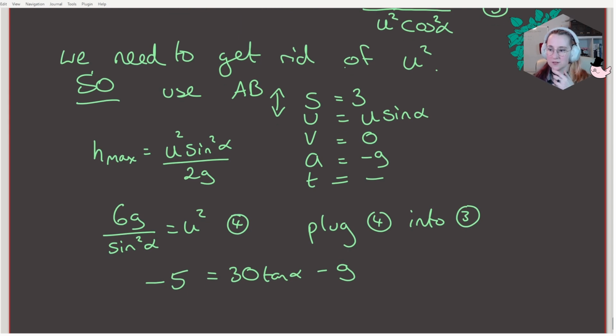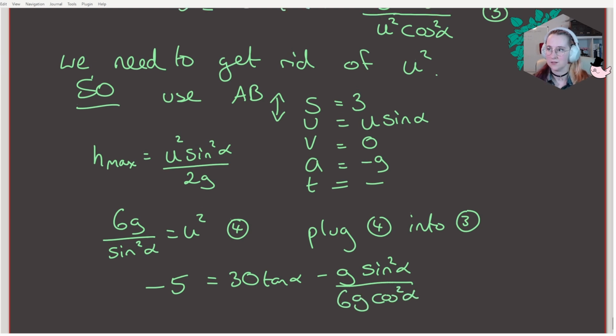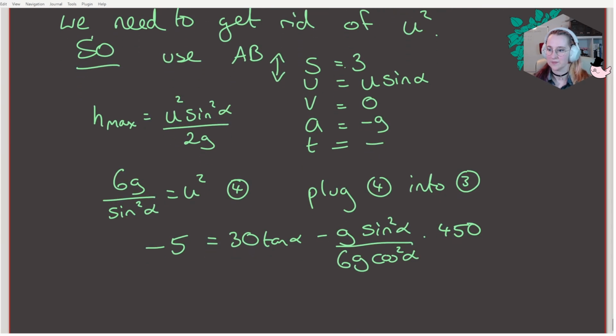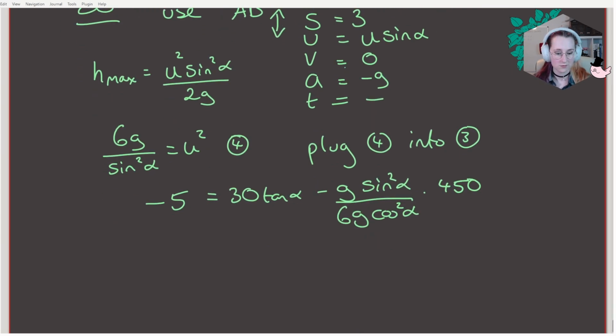So this is over, so we get sine squared alpha over 6g cos squared alpha times 450. So, I believe we get that the g's cancel. We get -5 is 30 tan alpha.